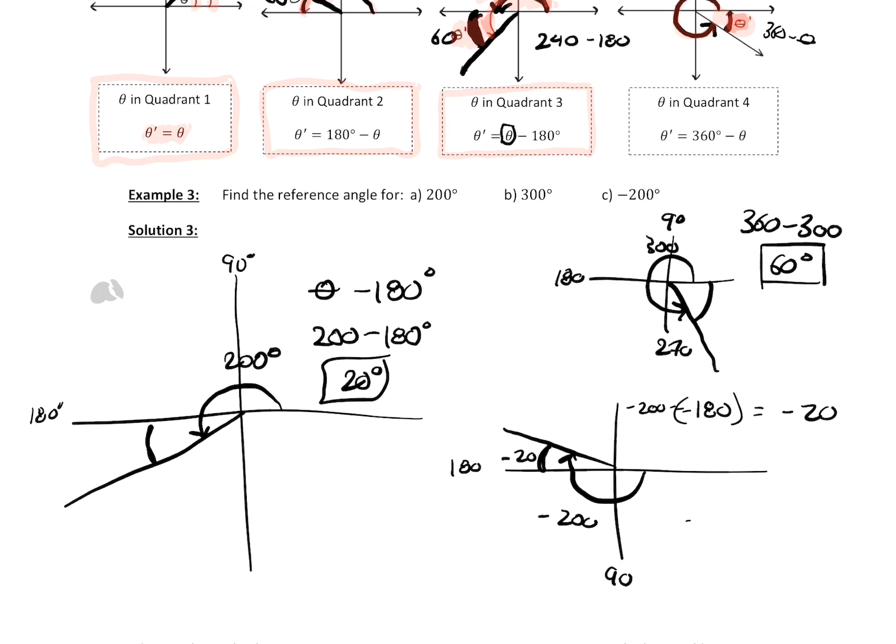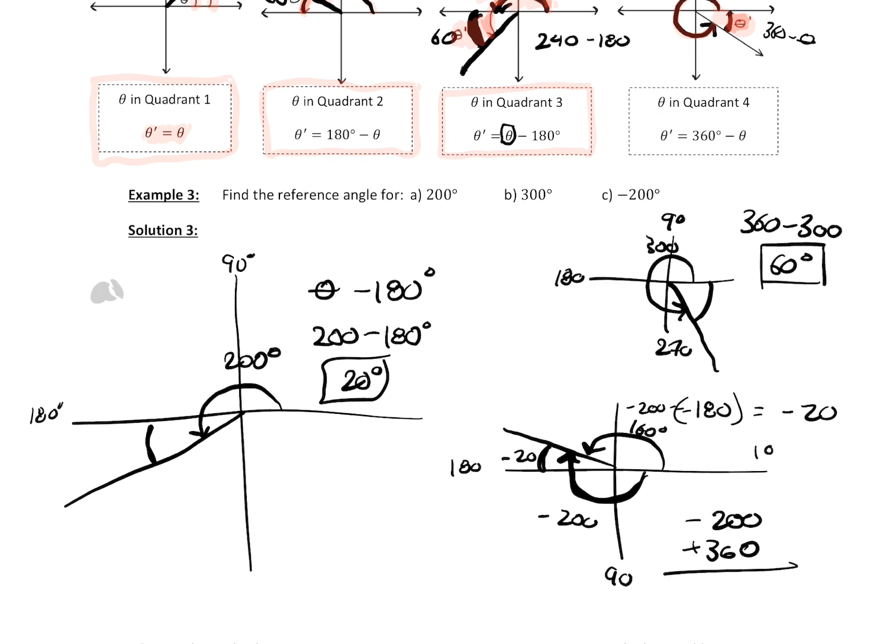I want to know what it is positive. So use your coterminals. I have a negative 200 to start, right? That's what this is. Well, that would be the same as if I add 360 to it, right? Coterminal, I'm going to get a positive value. What's negative 200 plus 360? It's 160 degrees, which means if I went this way, I'd have 160 degrees.